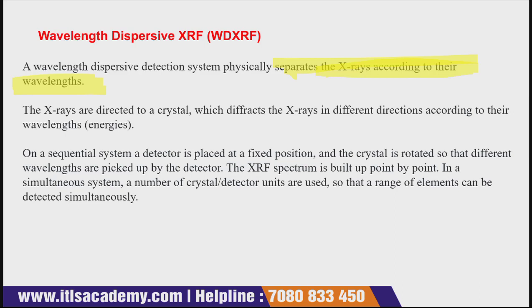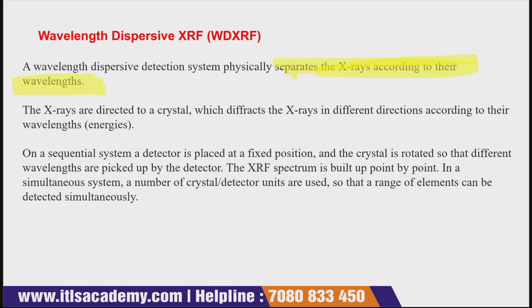This is very important, students: the detector should be placed in a fixed position, and the position of the detector should not be changed. The crystal is rotated, and the different wavelengths are picked up by the detector.